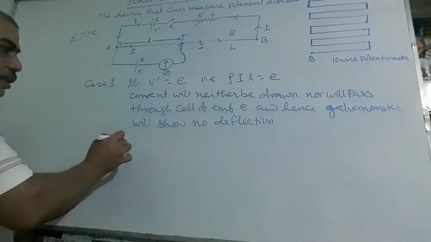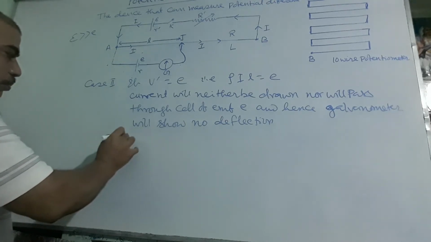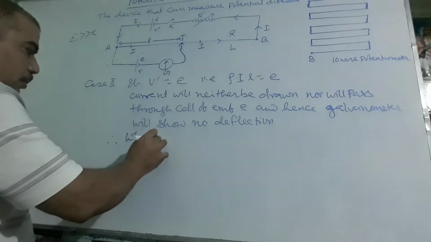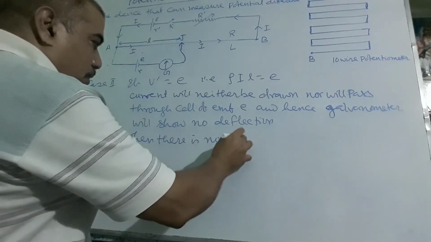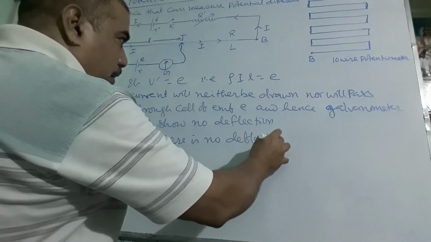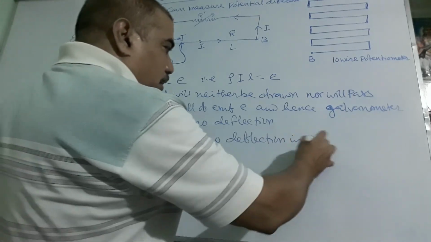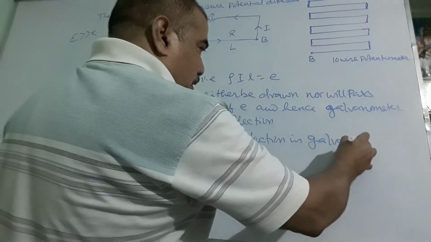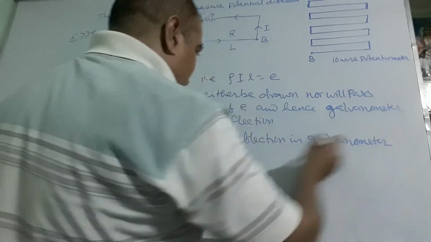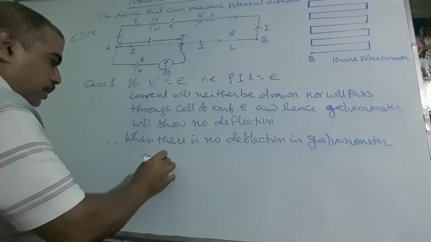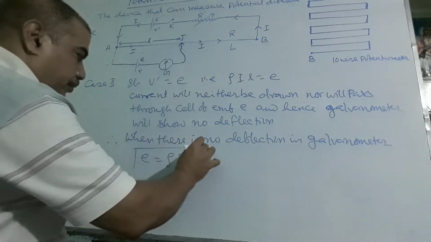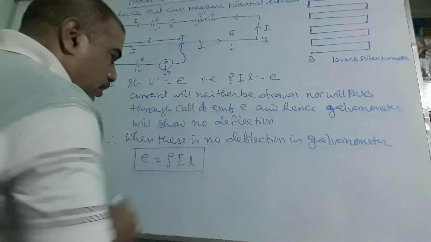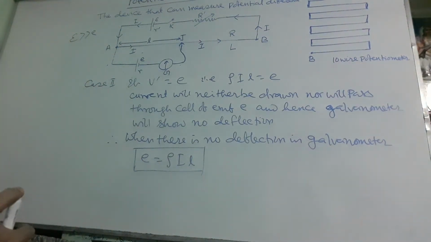And therefore, when there is no deflection in the galvanometer, this E will be equal to rho I L. This is the basic principle of the potentiometer.